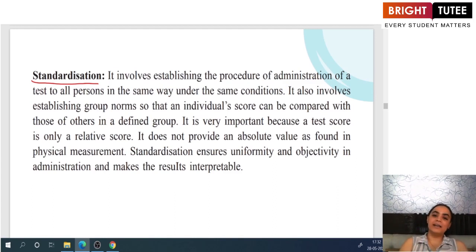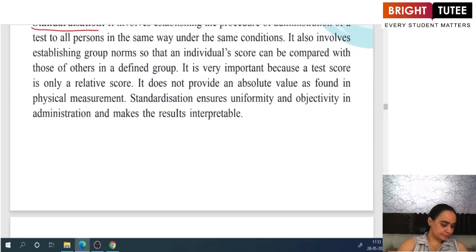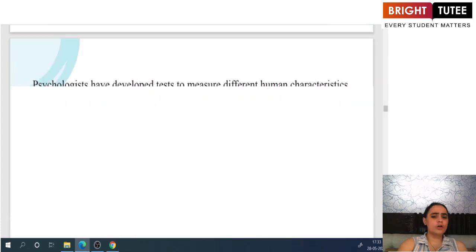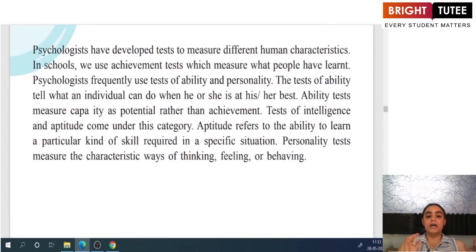So standardization is important because it ensures that whatever you are doing is uniform in nature, it can be objectified, and the results are reliable and interpretable. Now, when we talk about standardization, the psychologists have developed tests to measure human characteristics.